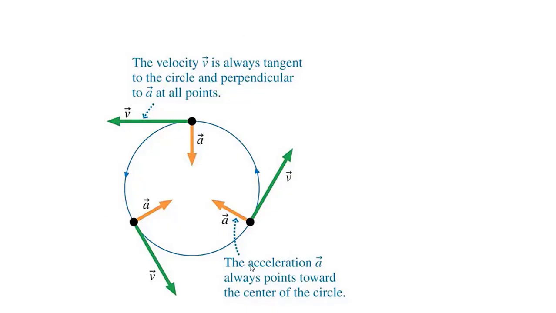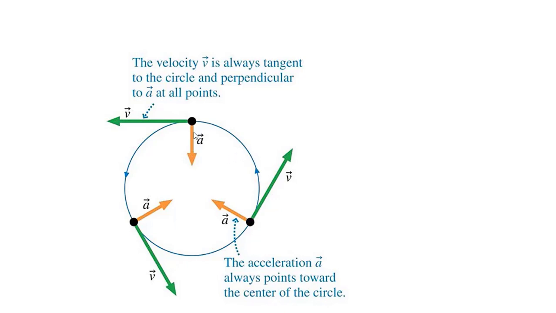This figure shows an object moving in a circular path at a constant speed. The direction of instantaneous velocity is shown at 3 points along the path. Here, here, and here. We can say that the object moves in an anti-clockwise direction.